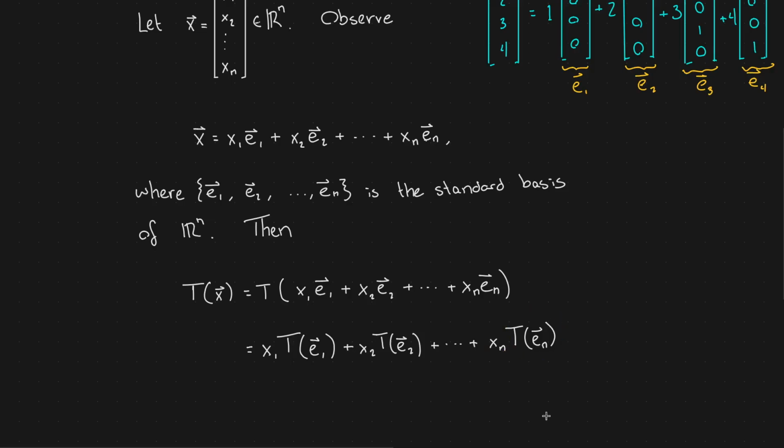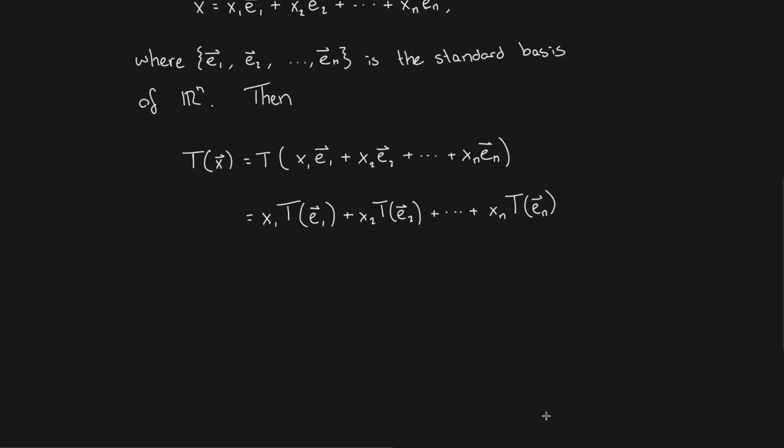If we have a linear combination like we have here, we can represent it as a matrix vector product. Specifically, the columns of the matrix are the vectors in the linear combination. So T(e1), T(e2), all the way to T(en).